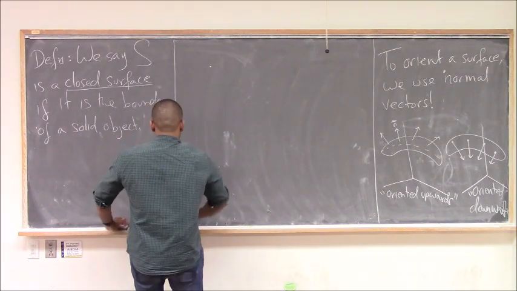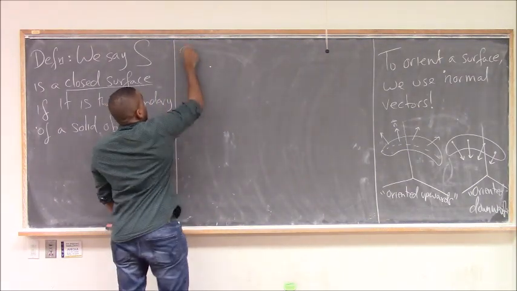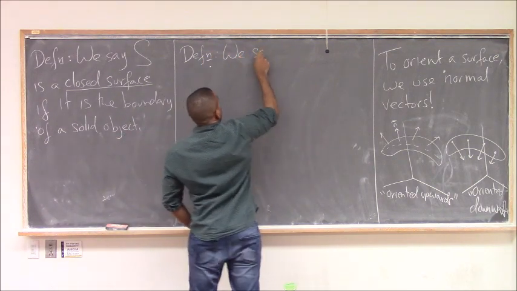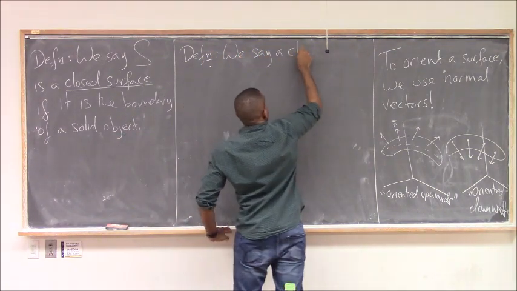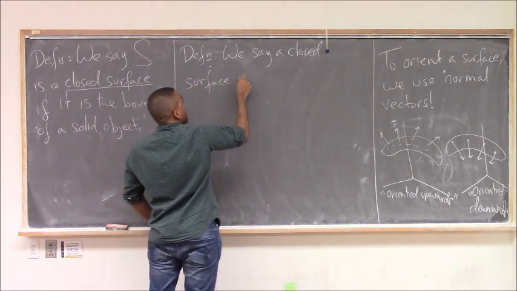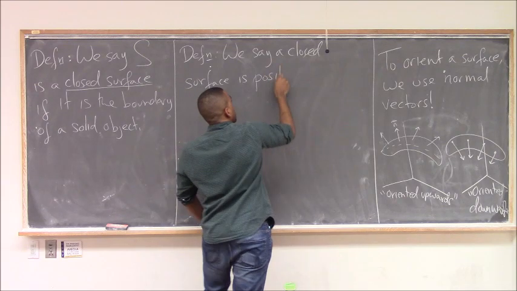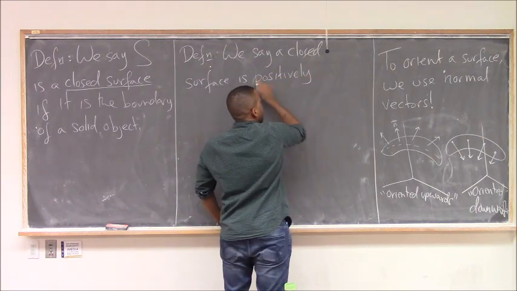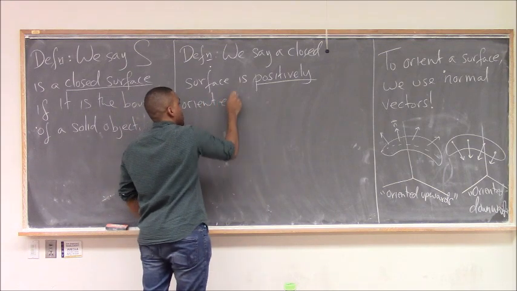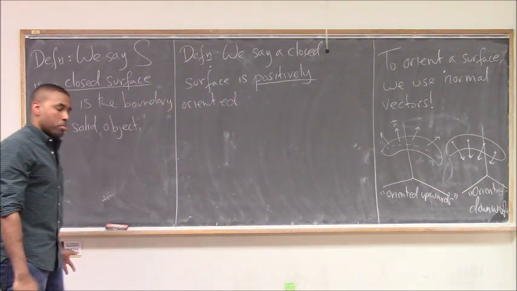So let me define that. We say a closed surface is positively oriented. Now the language here is very important.